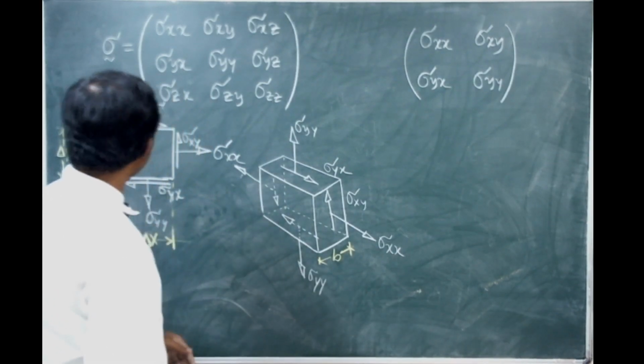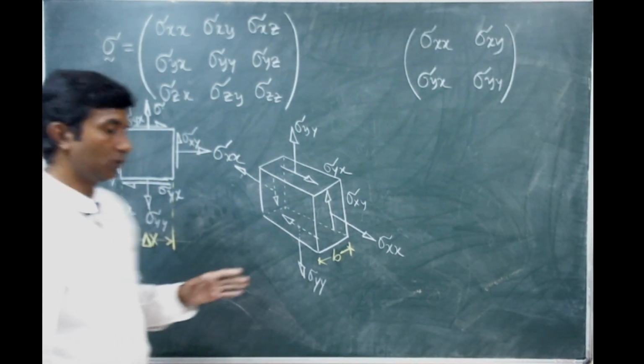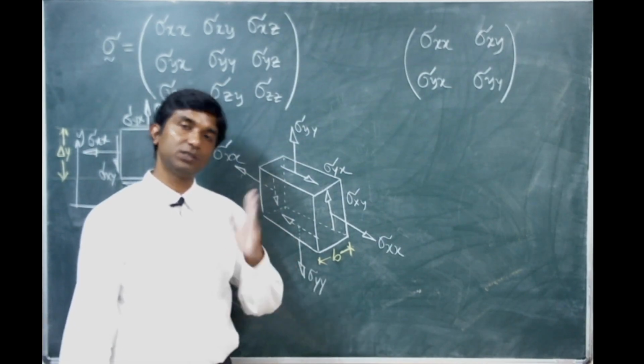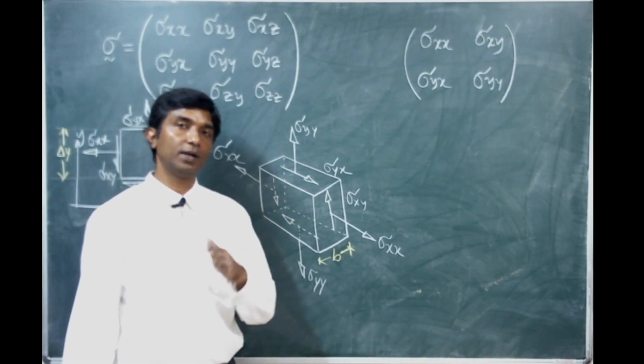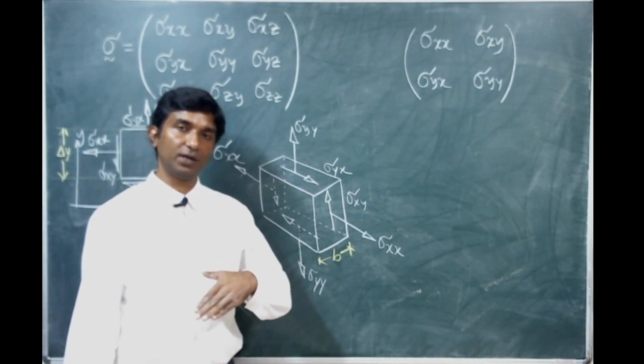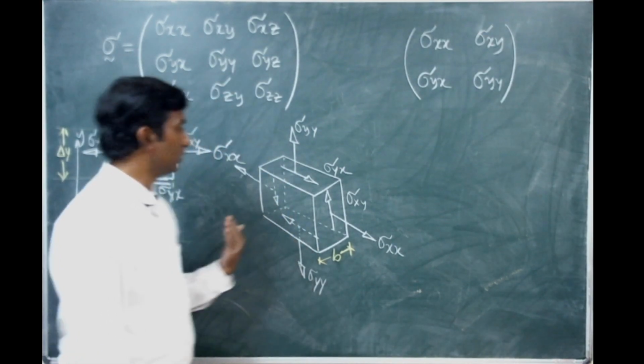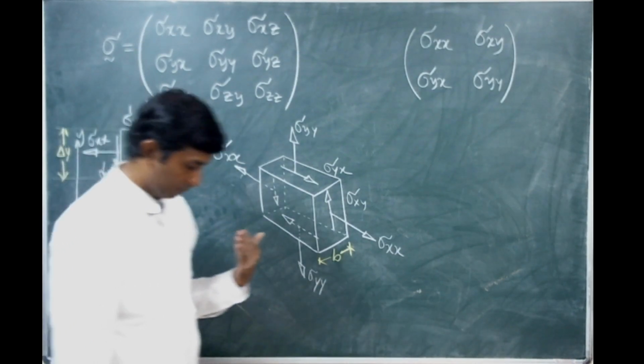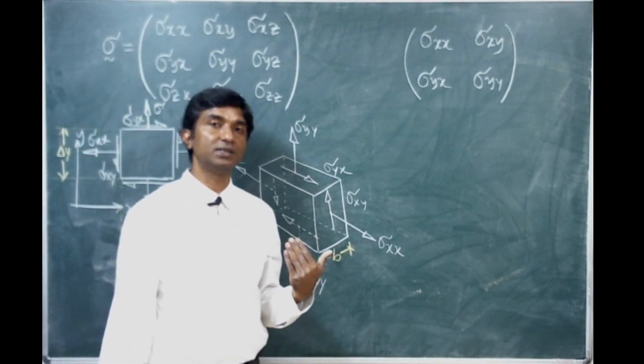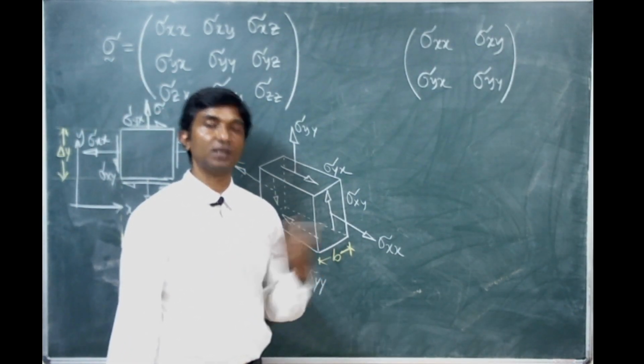We saw that you can identify the positive x plane, negative x plane, positive y plane, negative y plane, positive z plane, negative z plane. Here we have a special situation where the z plane is the stress free plane.